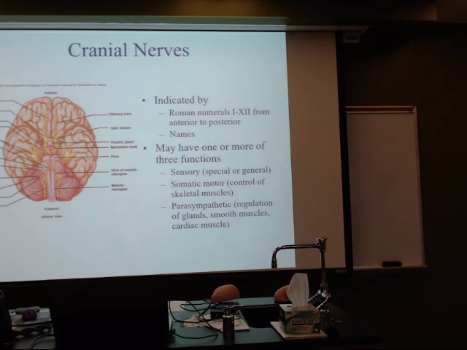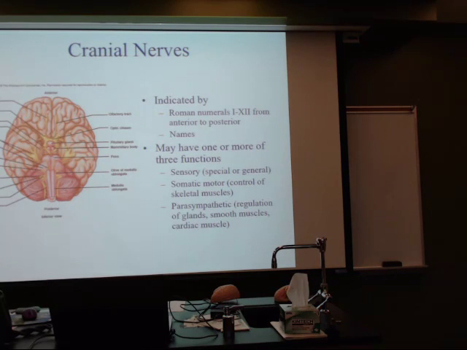Autonomic's going to start in 15, and that's going to get us into how we get information from the inside of our body. Pretty much everything we've talked about up to this point has covered outside the body. Does that make sense? Okay.